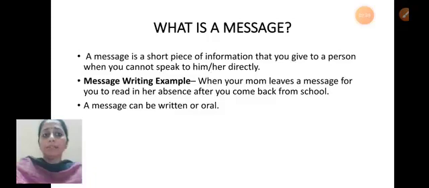Message writing example: when your mom leaves a message for you to read in her absence after you come back from school. There must be instances wherein your mom has to leave for some urgent work and you are at school. So how does she convey that message to you?